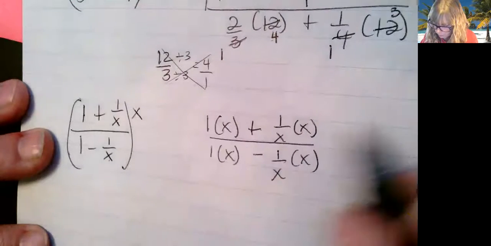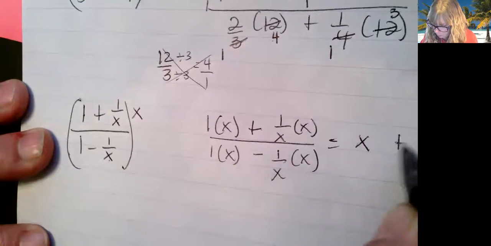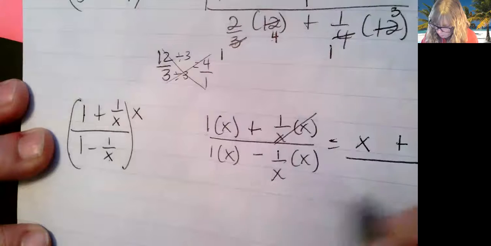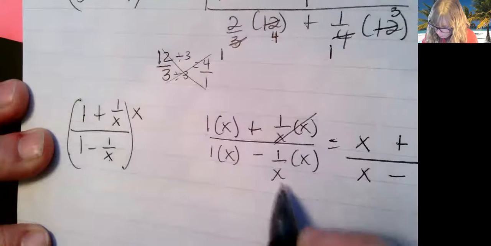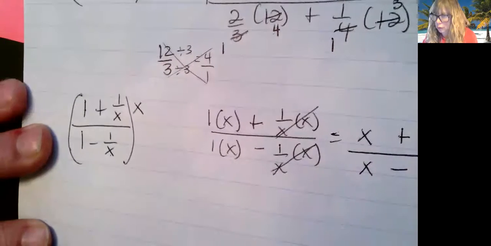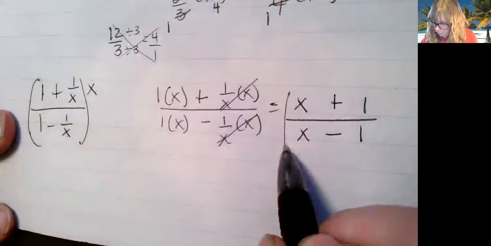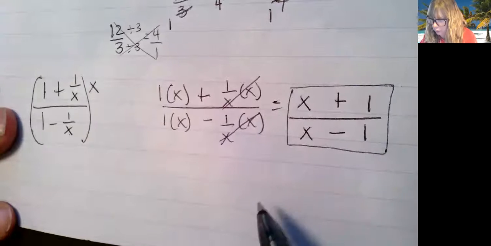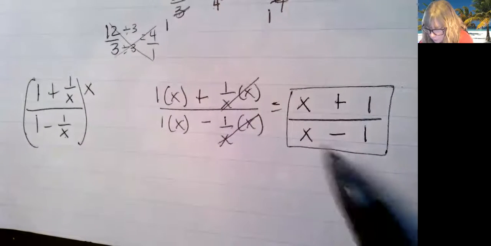All right, so 1 times x is x. These will cross out because x on the top, x on the bottom equals 1. And these will cancel. And then, of course, there's nothing we can factor anymore on that. Don't be tempted to cross these out because that's an illegal math function.